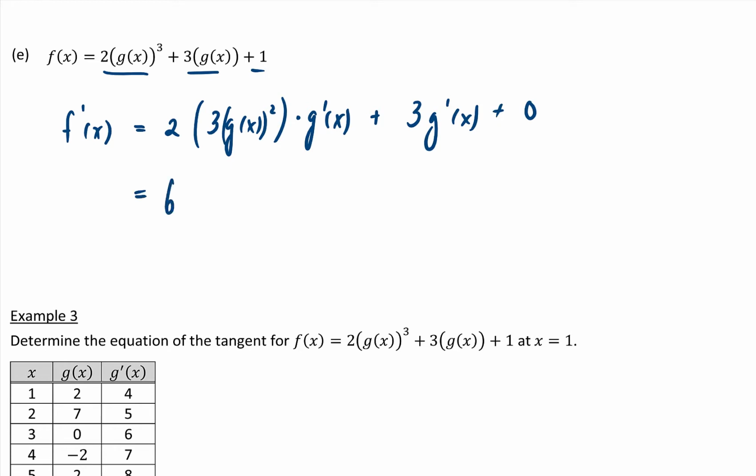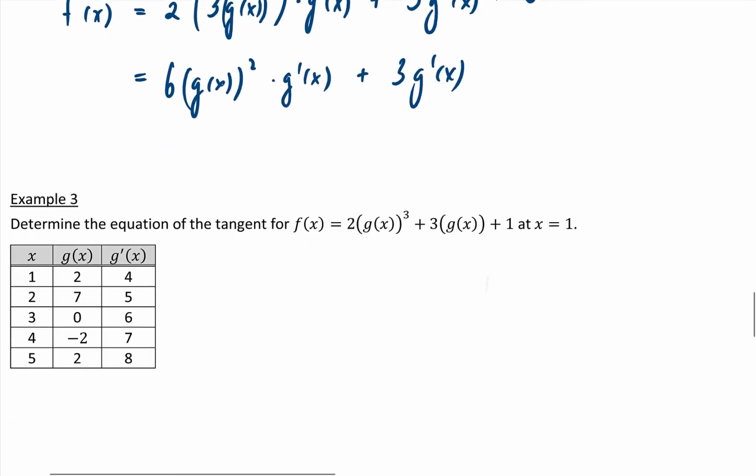And you see we end up with 6 times g of x all squared times g prime of x plus 3 times g prime of x.